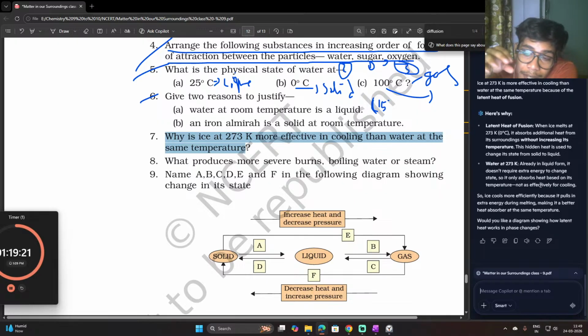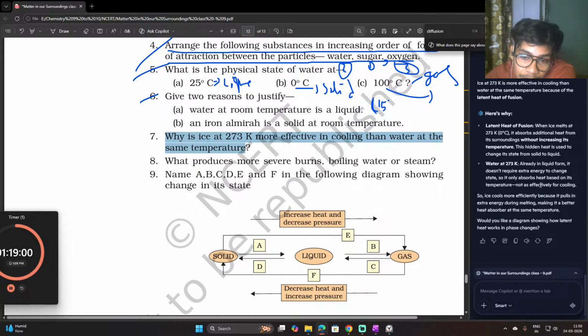So it will take only the heat according to its temperature. Here it's already said that it's in liquid form, so it doesn't require extra energy to change state. So it only absorbs heat based on its temperature.